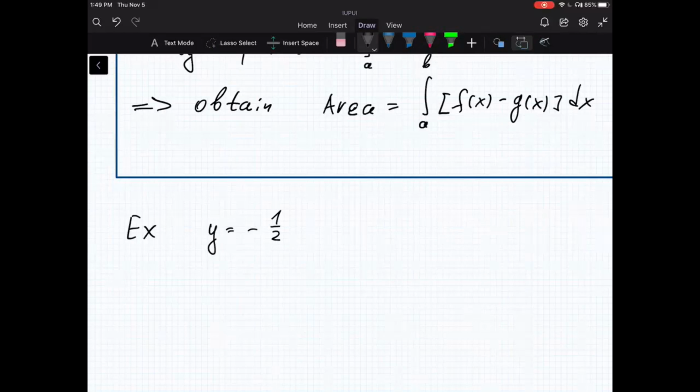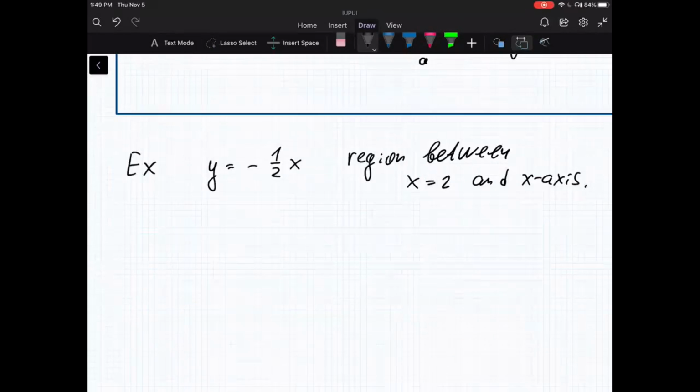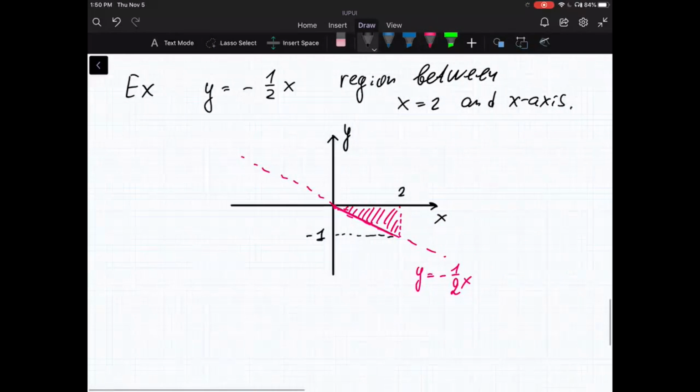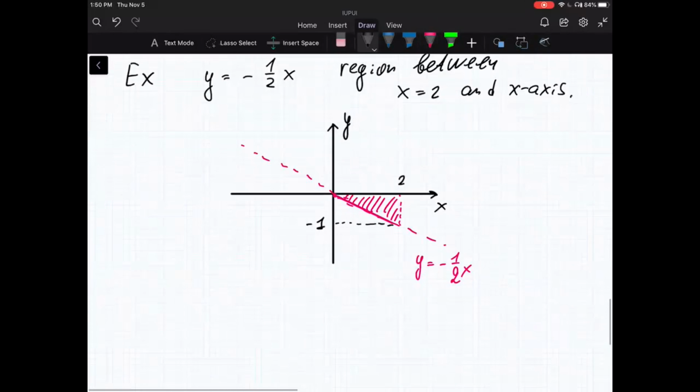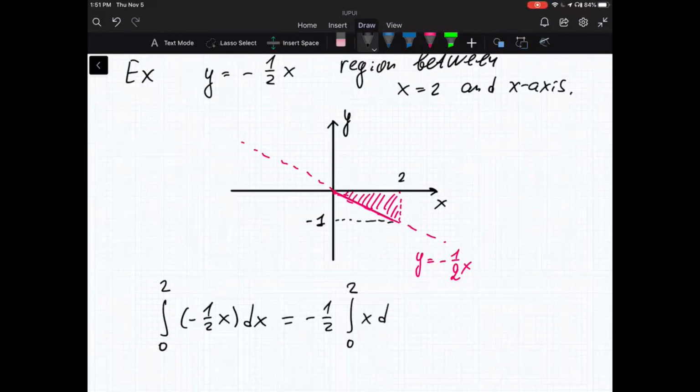Find the area bounded by the curves y equals minus 1/2 x, x equals 2, and the x-axis. And so what do we have? We have the following picture. And I'm looking for the area of this region. If I just try to naively integrate it, what will I get? Integral from 0 to 2 of minus 1/2 x dx. I can put the constant in front of the integral, minus 1/2 integral from 0 to 2 of x dx.